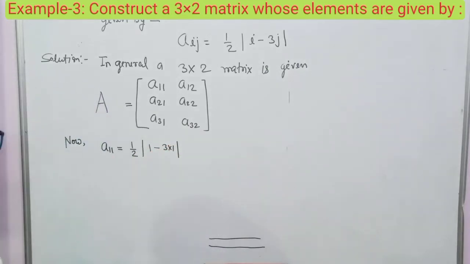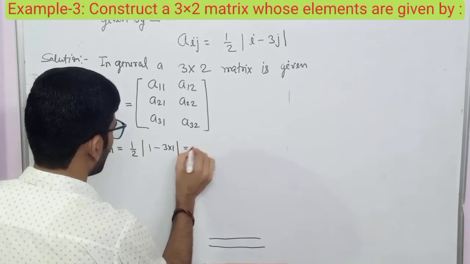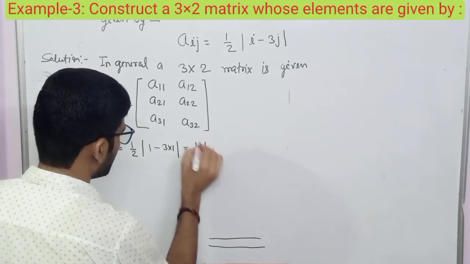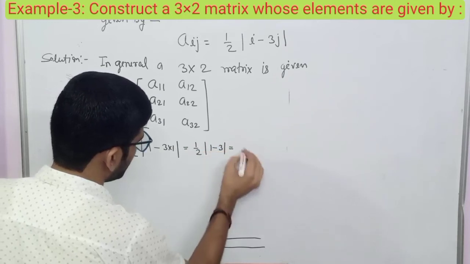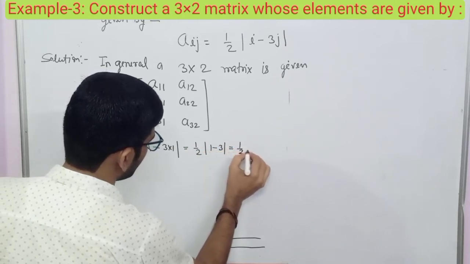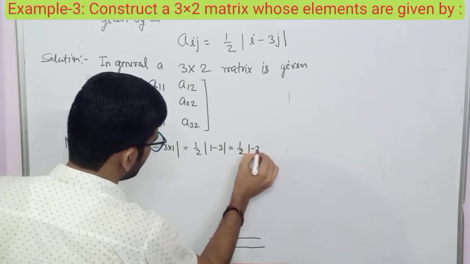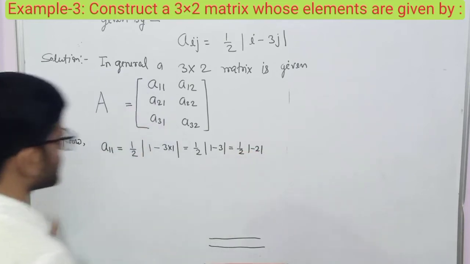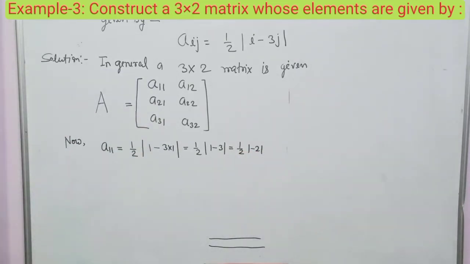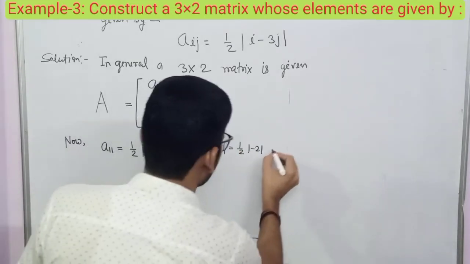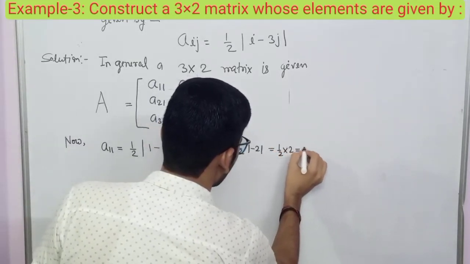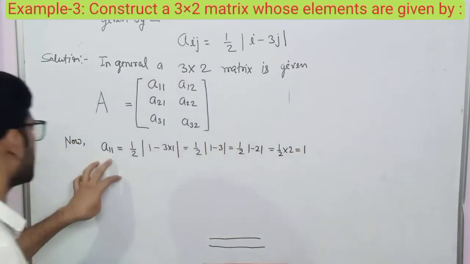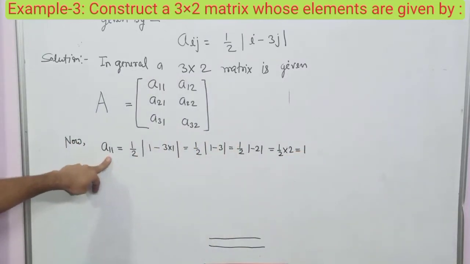Now 1 by 2 modulus of 1 minus 3 is 1 by 2 modulus of minus 2, and this is 1 by 2 into 2, that means 1. The value of A11 is 1.